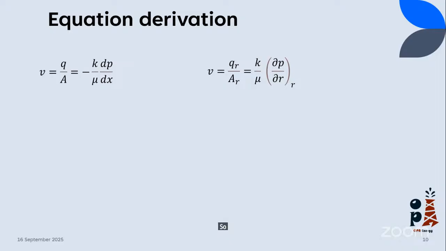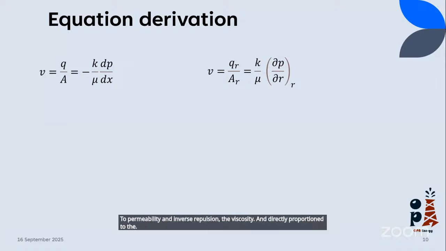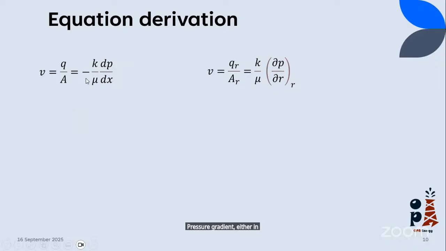So the flow rate of the reservoir is directly proportional to permeability, inversely proportional to viscosity, and directly proportional to the pressure gradient, either in the x direction, as we can see here, which is linear, or in a radial system.